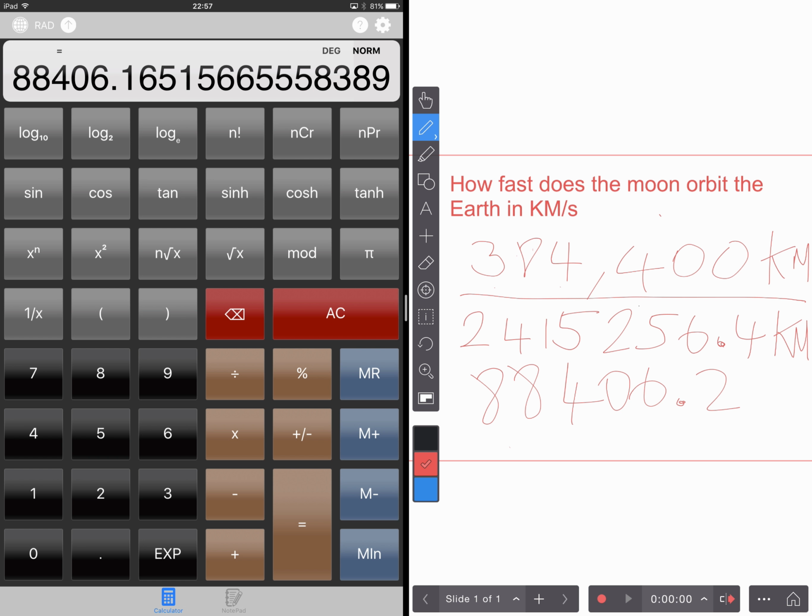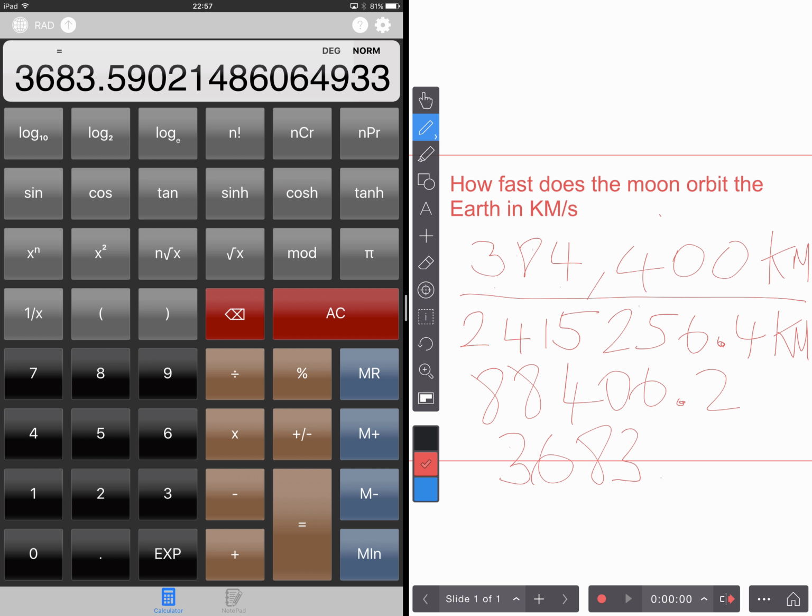Happy days. Now, we wanted to work out how far it goes in a second. That's how far it goes in a day, so if I divide that by 24, that tells me how far it goes in an hour: 3,683.6 kilometers.